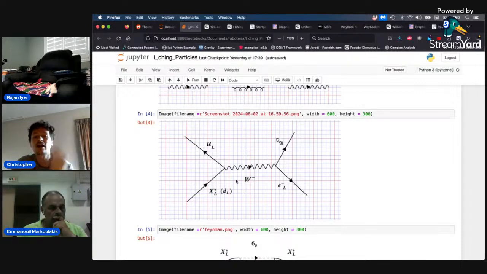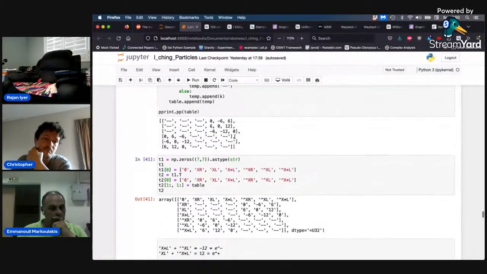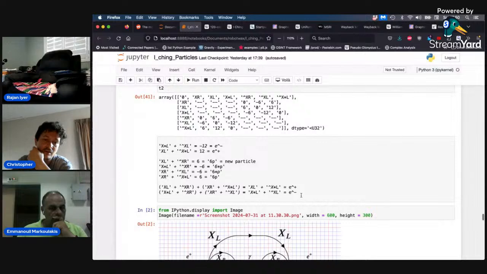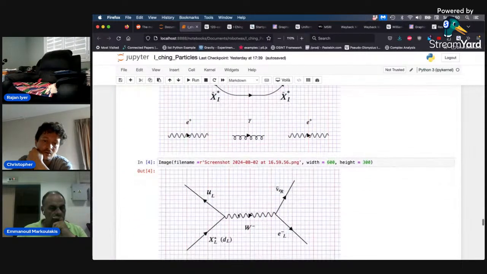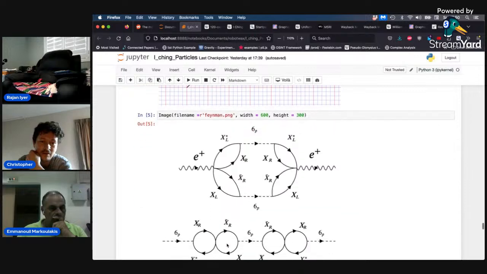So initially we were getting from these 6 seed particles a new particle, then we get the electrons, the photon, the bosons, the neutrinos, and the quarks. So this is the leptogenesis part I was talking about.